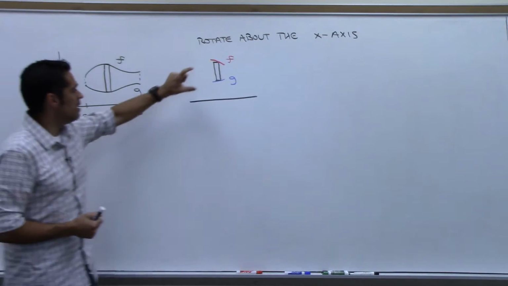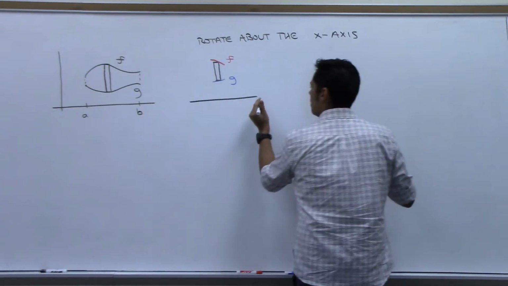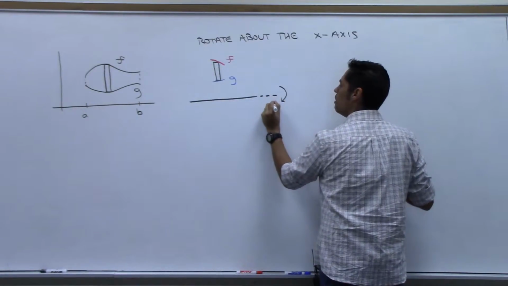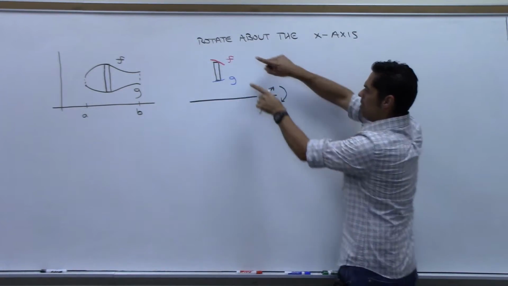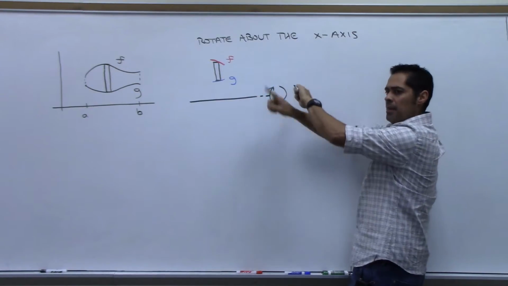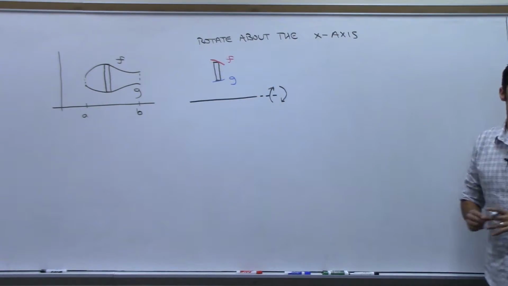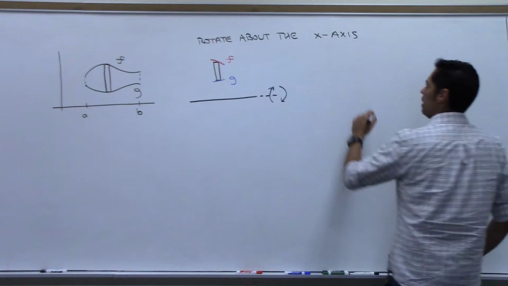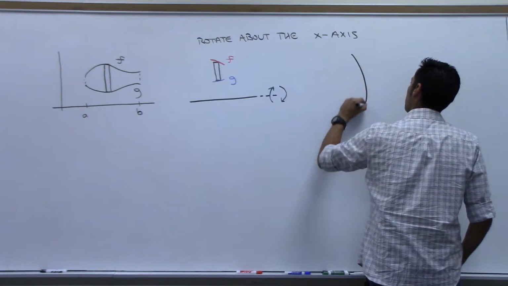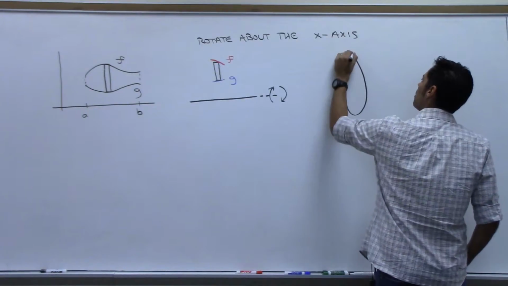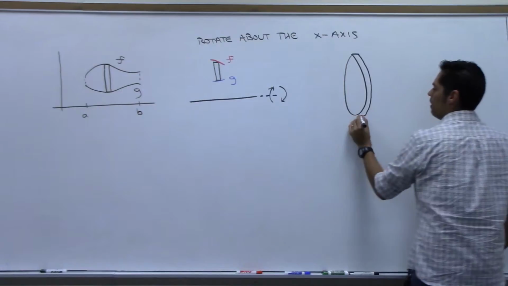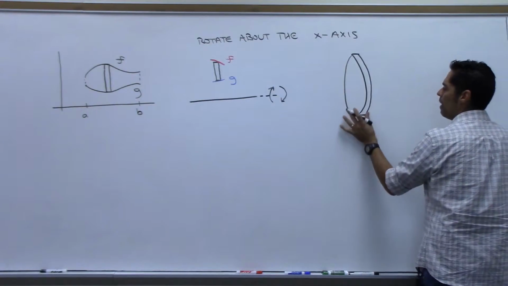So let's imagine taking this. Let's draw a dotted line here to represent our axis of rotation. I'm rotating it around the x-axis. Then I have a third picture over here of what that would look like. It would look something like this. If you can't draw it that well, don't worry about it.